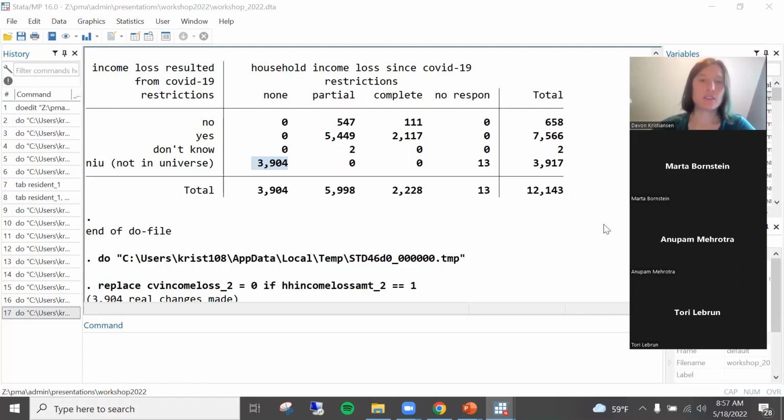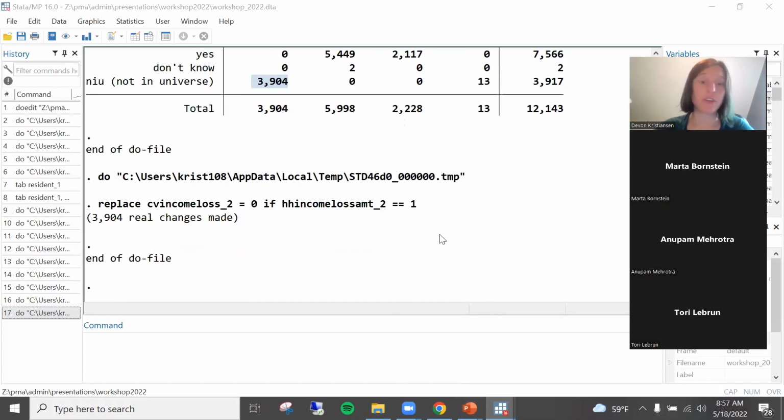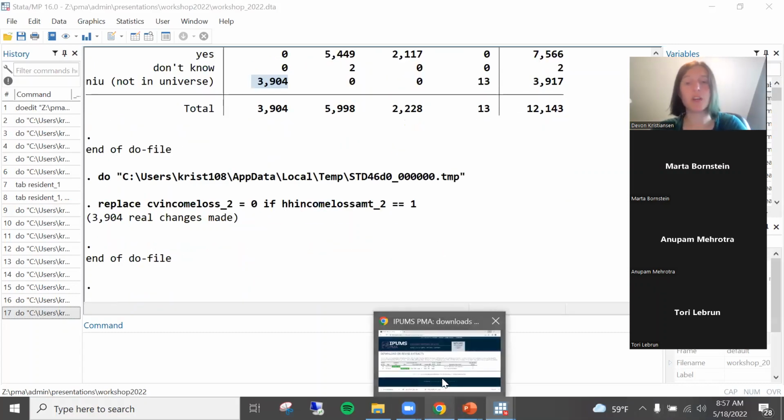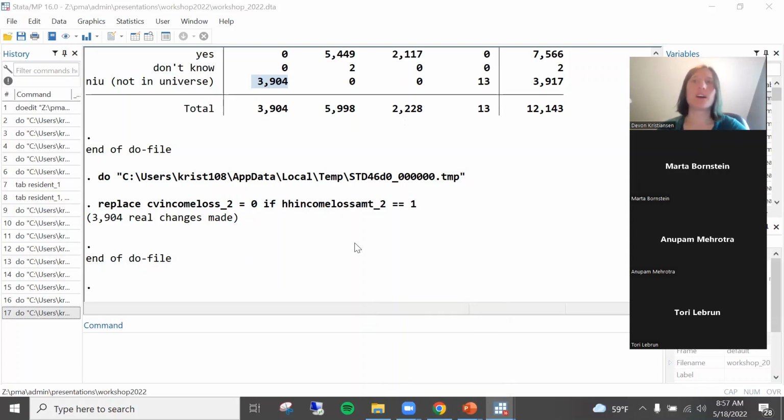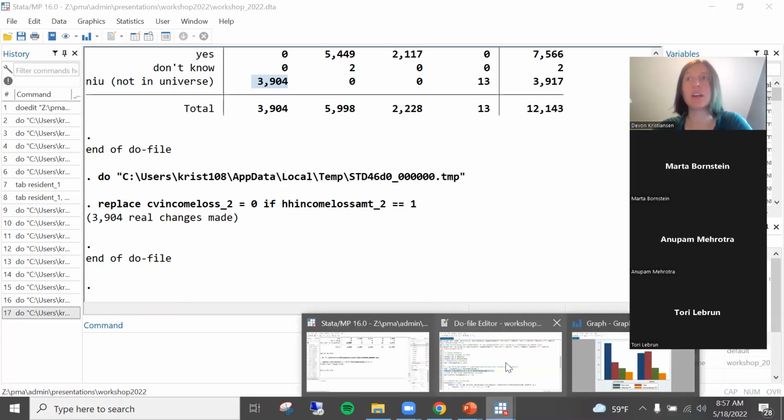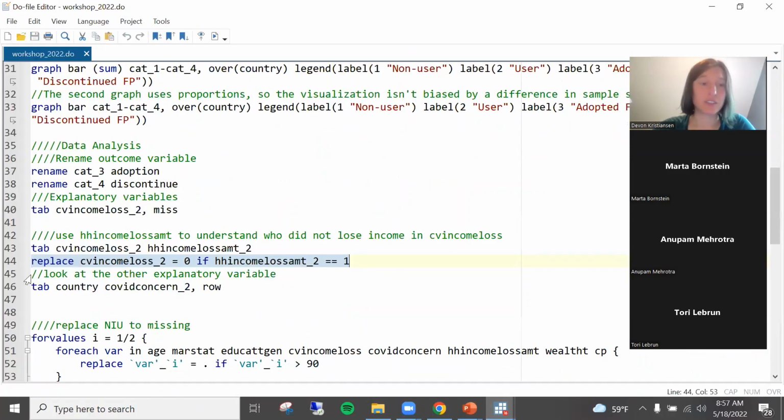So, I also wanted to look at our other potential explanatory variable about COVID concern. One reason why COVID concern could matter is that it's a proxy for the stress a woman might have about getting COVID, which might prevent her from going out to seek care, or it may affect her desire to have a child soon.